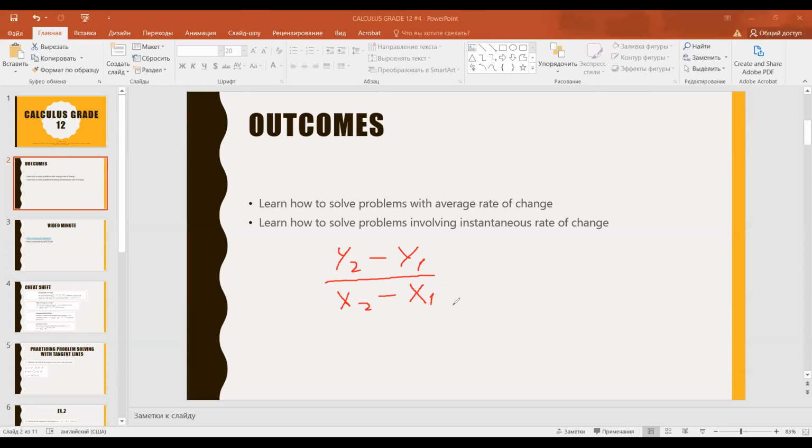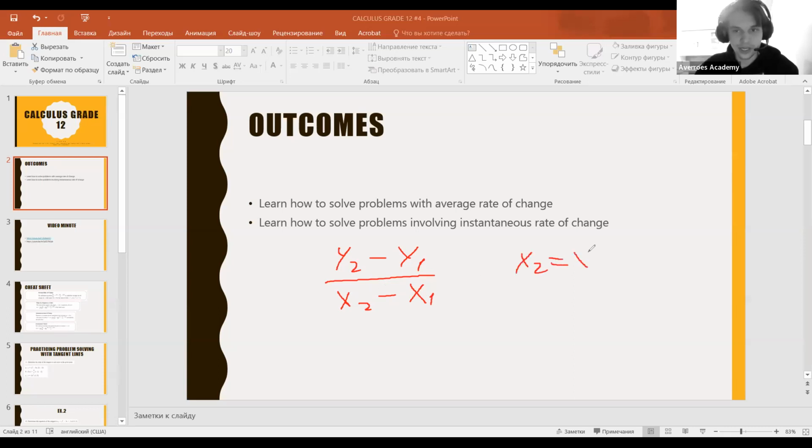Remember that when we are looking for an instantaneous rate of change, x1 and x2 are extremely close to one another. These 2 points on the graph are somewhere close, and we need to define how close they would be. This difference is where x2 equals x1 plus something.